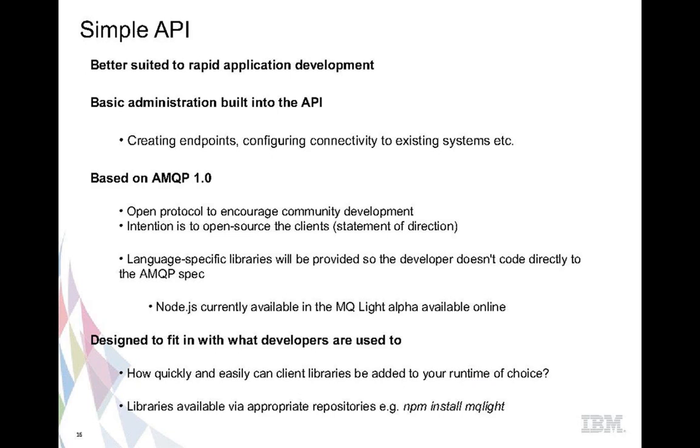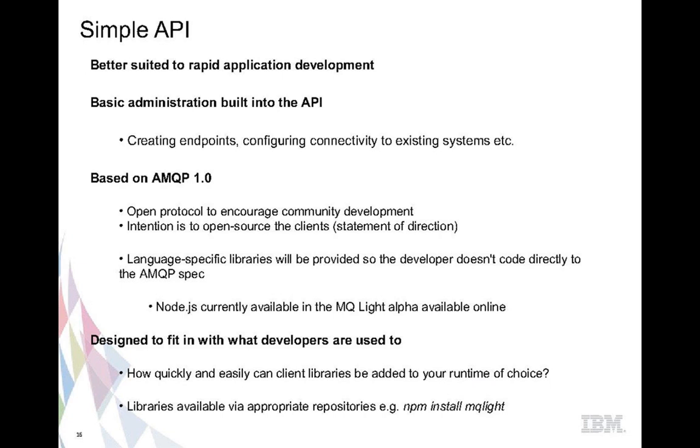But at the same time, we have some language-specific libraries shipped as part of MQ Lite. At the moment, we have a Node.js client, which is currently shipped with the MQ Lite beta updates. But as I said, that doesn't stop you. You can develop your own clients based on the AMQP spec, and then start using them.